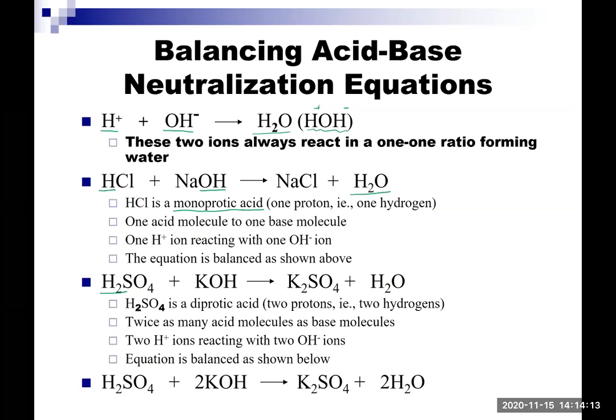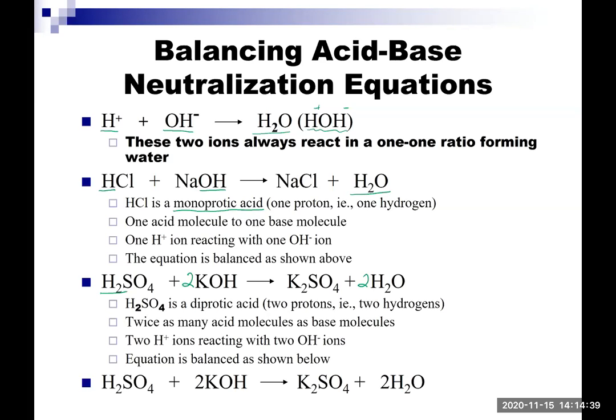That means that we will need 2 OH minuses to form 2 moles of water in the products. And so we have to take into consideration if we have a diprotic acid, if we have a triprotic acid like phosphoric acid, which has 3 protons, we'd need 3 OH minuses to take care of that.